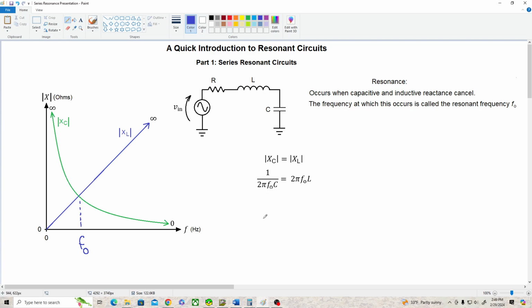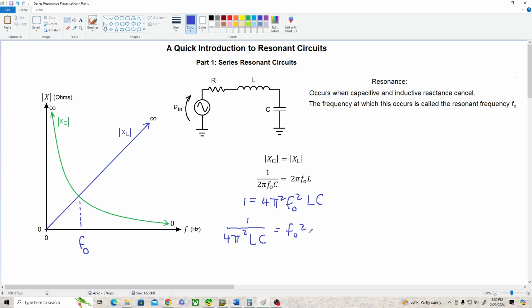It's pretty straightforward. I'm going to start by multiplying both sides by the denominator 2 pi F_O C, and that gives me 1 equals 4 pi squared F_O squared times L times C. All right, we want to get frequency by itself, so let's divide both sides by 4 pi squared LC, which gives us 1 over 4 pi squared L times C equals F_O squared.